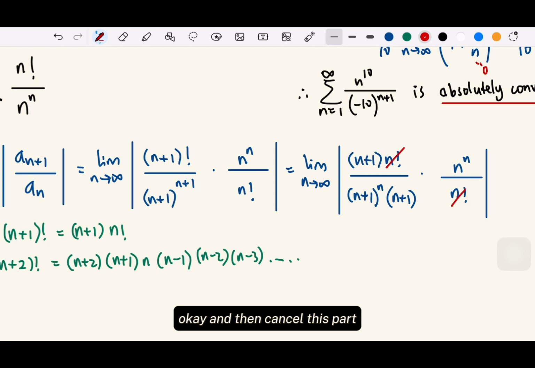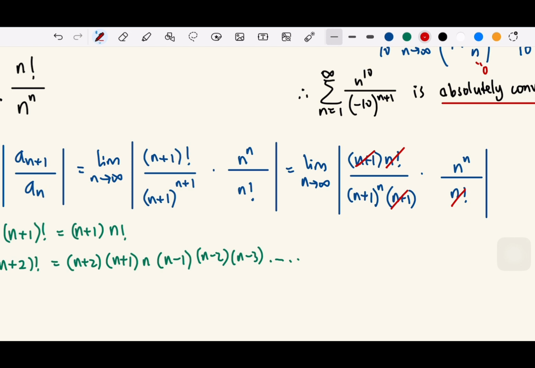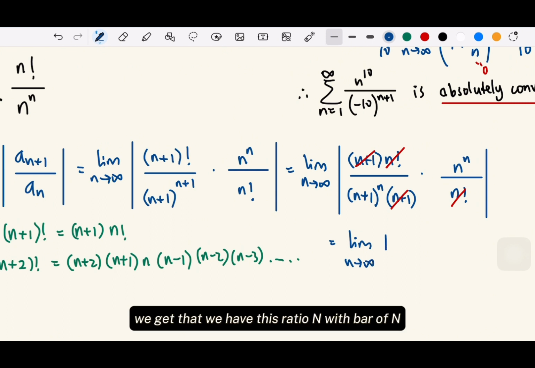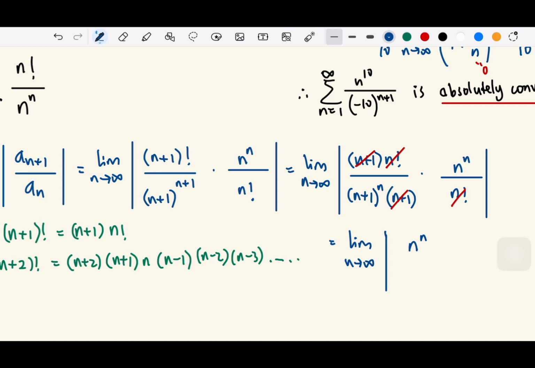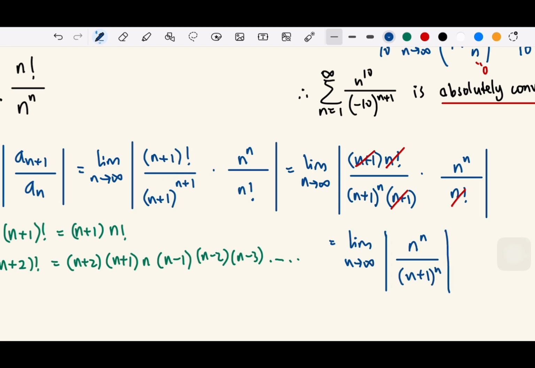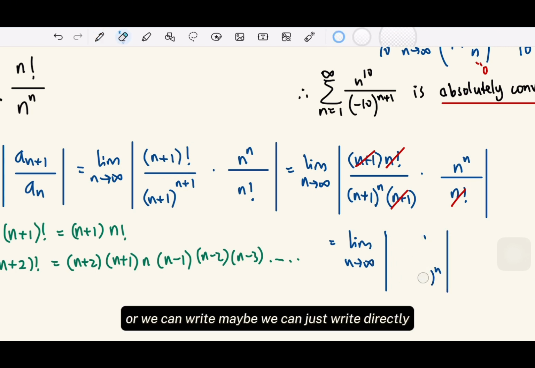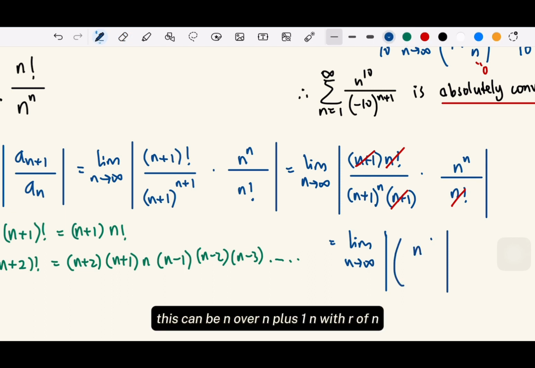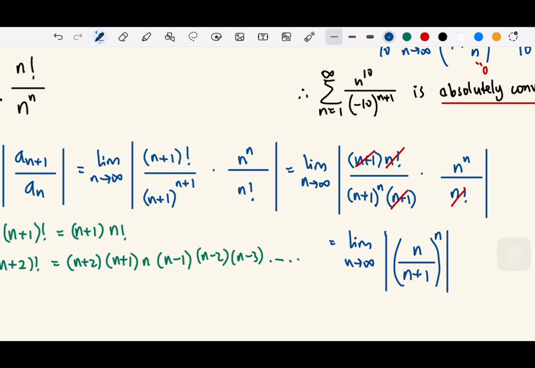Then cancel this part and this part, and we get this ratio n^n over (n+1)^n. Or we can write directly n over (n+1), with power of n.